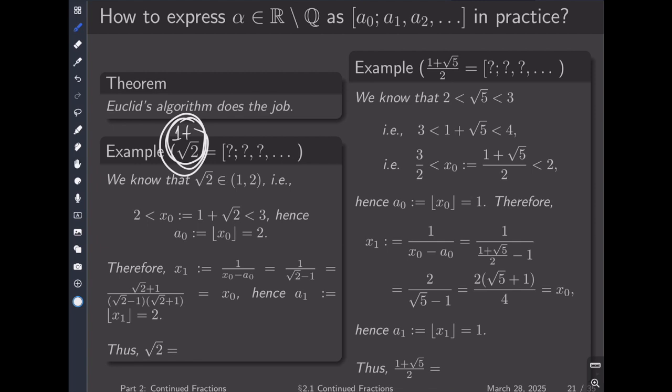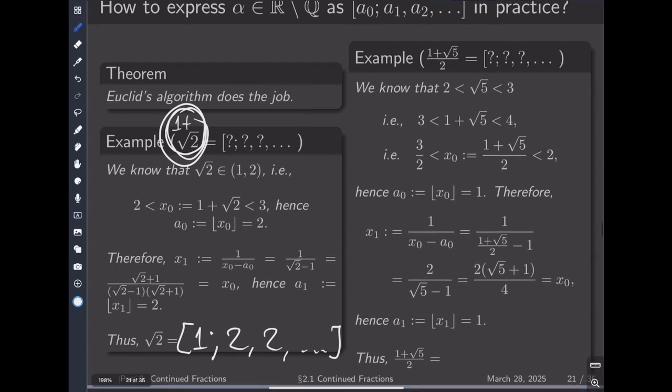So for the original you would have 1, 2, 2, 2, 2, 2, 2. You saw this by doing 1 plus square root of 2, and if you did the same thing with square root of 2, I guess I would have taken a bit longer to realize what the pattern was.